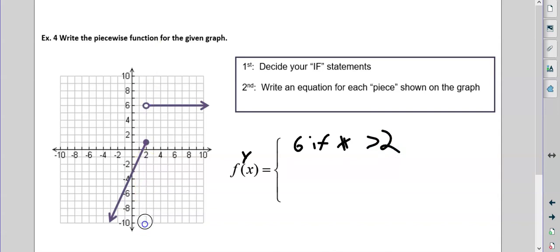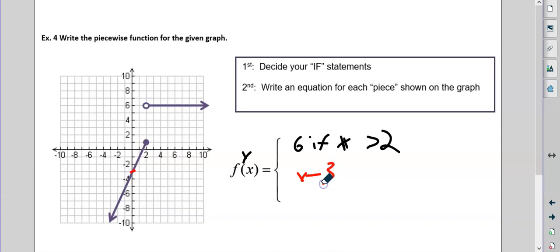Now this one, what's going on here? Well, we got to figure out this is a line. So it's got a y-intercept of negative 4. And let's see what the slope is. So actually, look, it may not be negative 4. Hold on. Let's find some nice points. It actually looks like negative 3 right there.